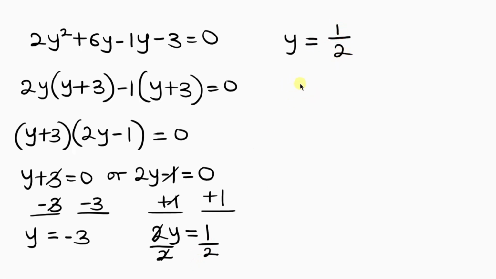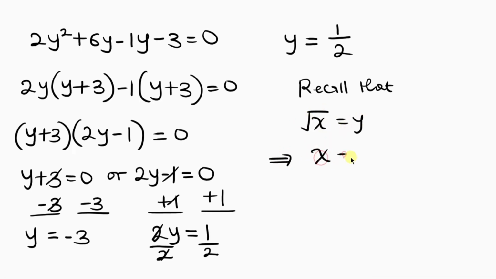But recall that we're looking for x and that we said let the square root of x be y, and therefore we simplify this to get x to be equal to y squared from our previous slide. So let's see something. For this first value of y equal to negative 3, we're going to reject this.